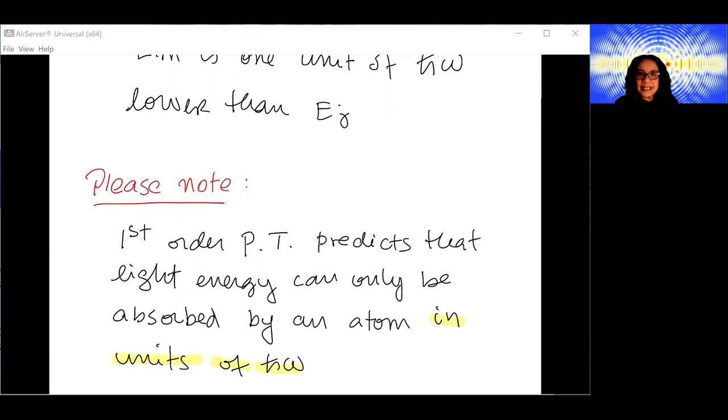And this is a photon. So it was obtained even without a fully quantum mechanical treatment of light. It was obtained just using first order perturbation theory.